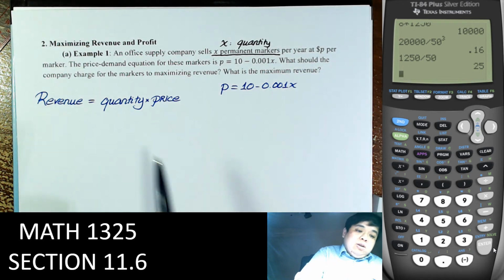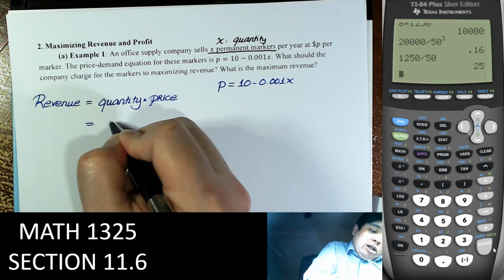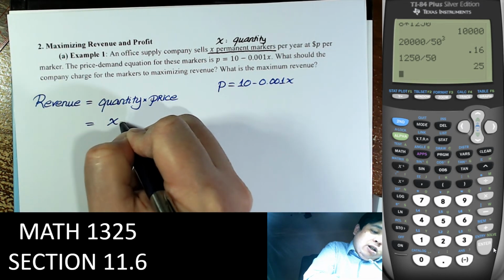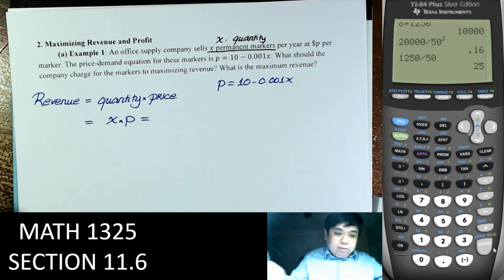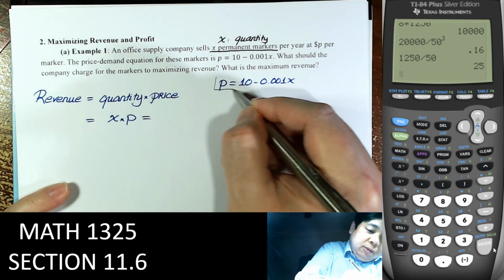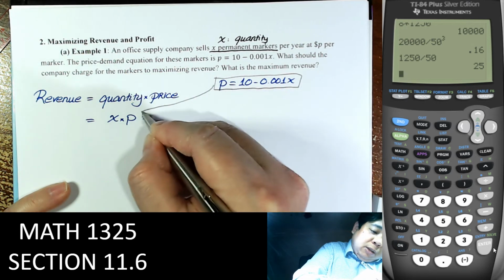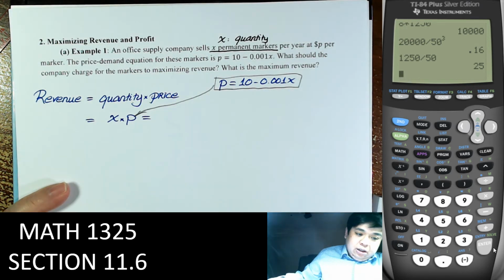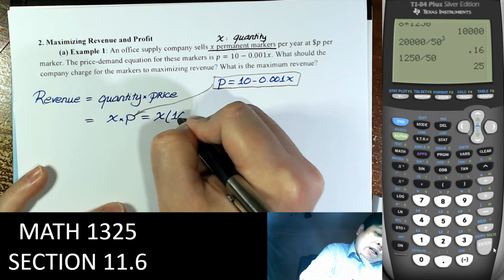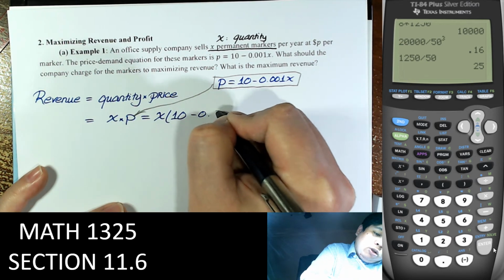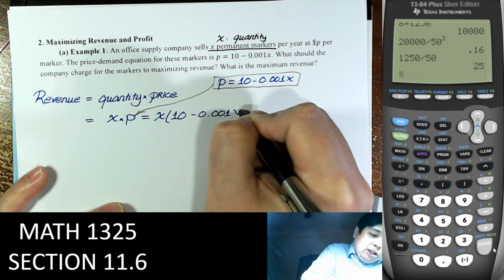We can substitute. Okay, the quantity is going to be X. The price is going to be P. Substitute that in here. We have X times 10 minus 0.001x.